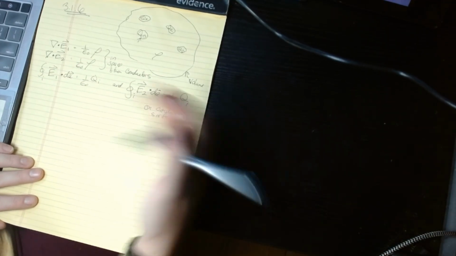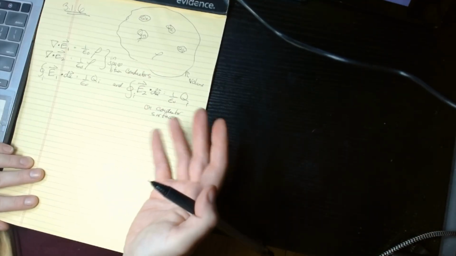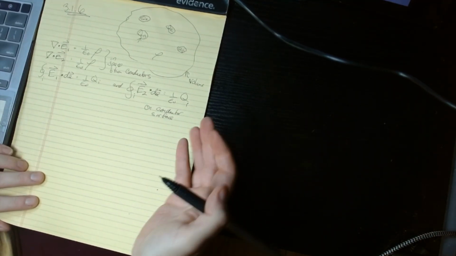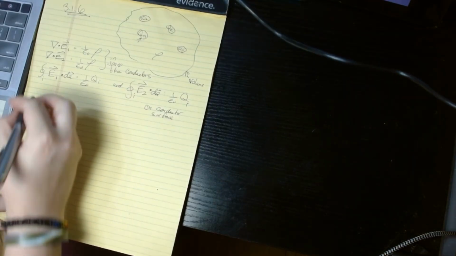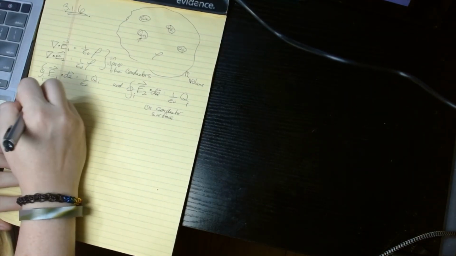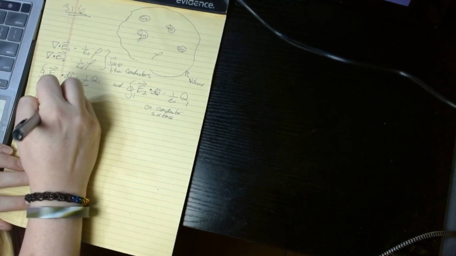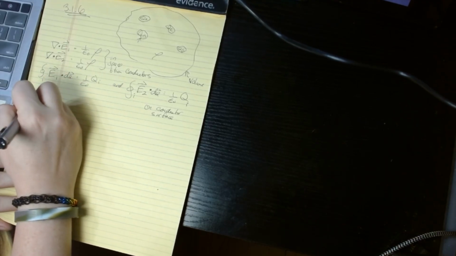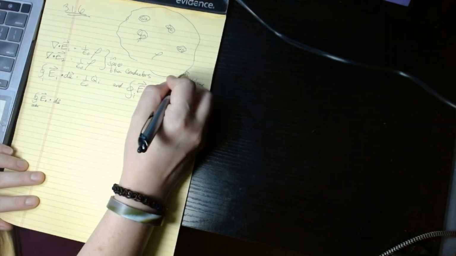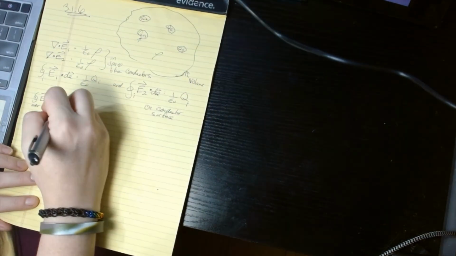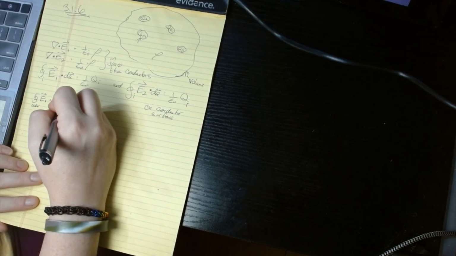So this is throwing in all the scenarios you could possibly have in one situation, right? You have conductors and you have blobs of charge. And then the outer boundary also needs to satisfy Gauss's law, right?